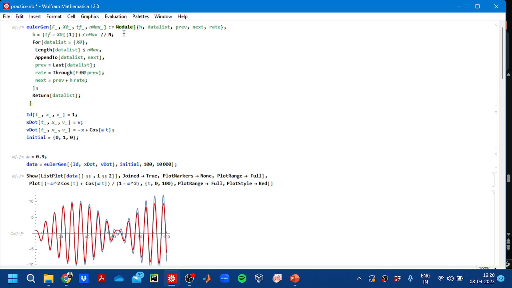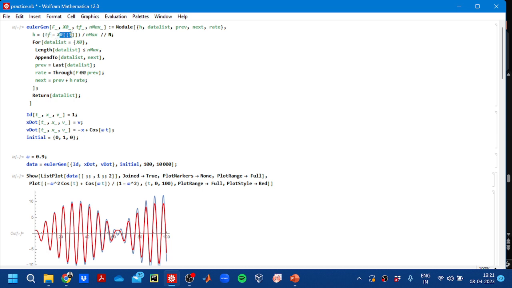From that, this module will calculate using the Euler integration method. What we are doing here, this is our time step, as you can see. What will be the time step? The time step will be t final minus t initial divided by the total number of points.